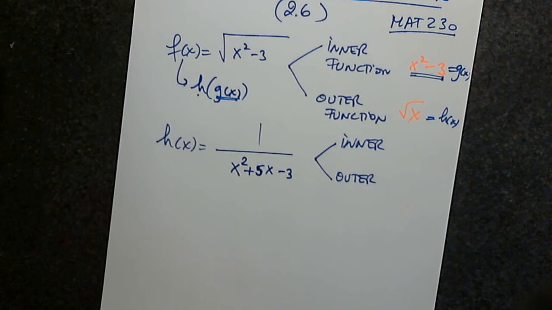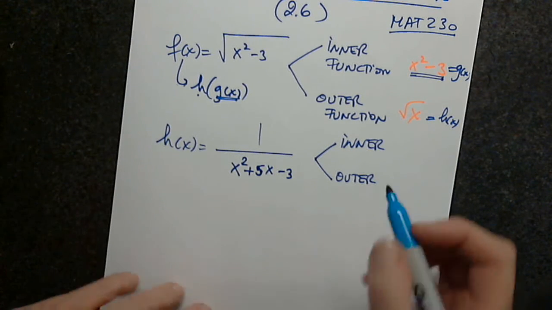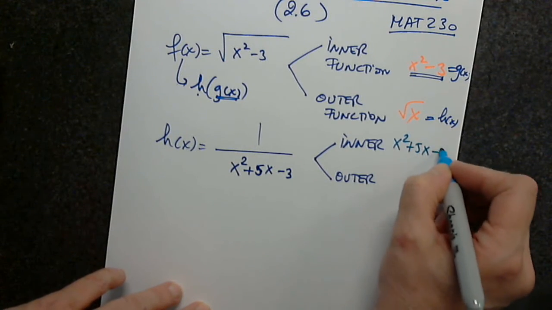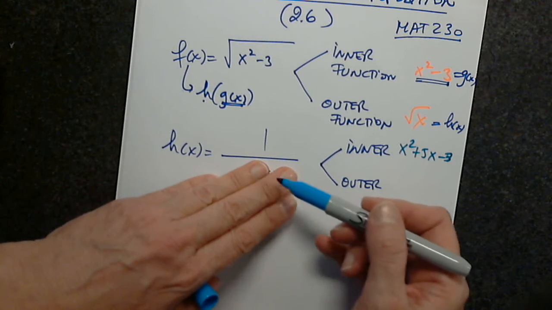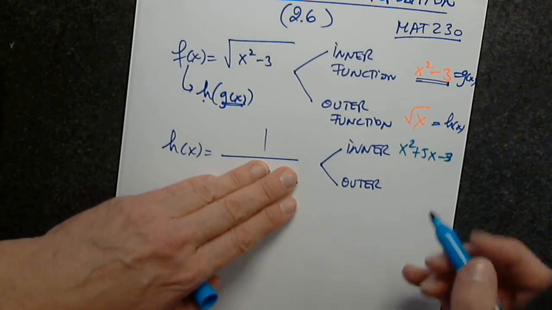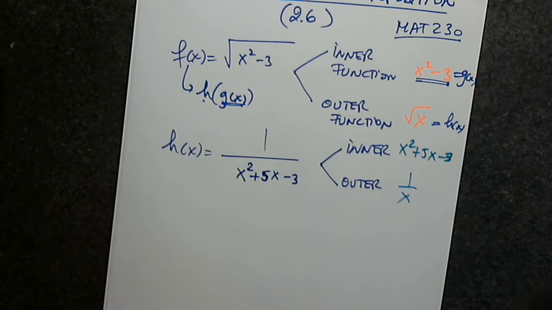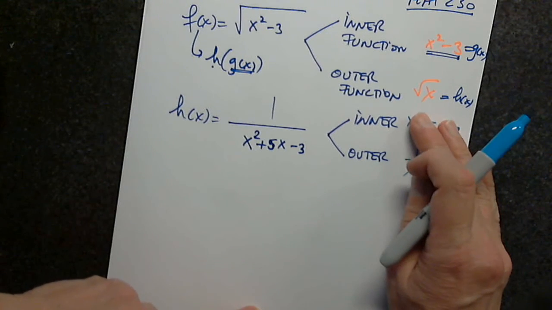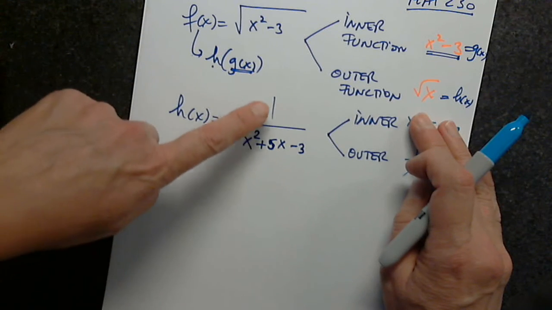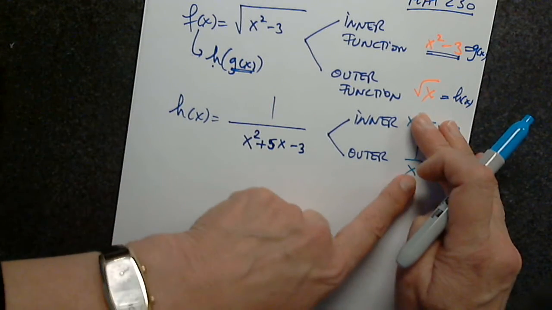If I ask you to evaluate this for x equals 5, what will you perform first? x squared plus 5x. Absolutely. x squared plus 5x minus 3. After I'm completely done and I get, let's say, 25 or 30 or 15 or negative 5, then I will apply the function 1 over x. Is that better? I apply this function first, I get any number you want, not 0 though, and then I perform the operation 1 over that number.